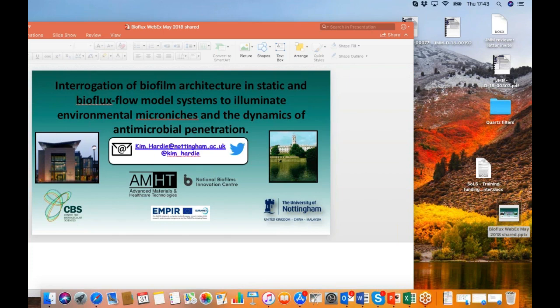What's really crucial is having that reproducibility, because if you don't have it, you can't tell the difference between two different treatments or two different strains. As well as that, you've got to think of the question you're answering. Sometimes the experiment that you want to do can't be done in a flow or can't be done in a static system.